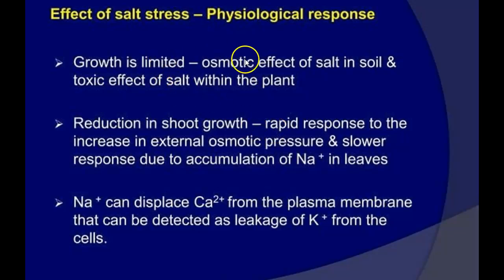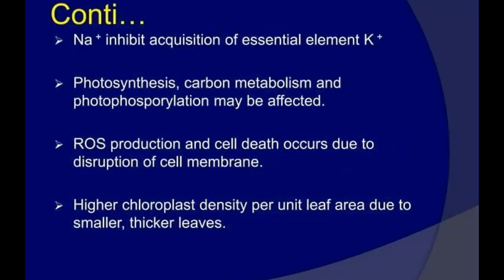If we talk about the physiological response, how plants respond physiologically under salt stress, first of all, their growth is limited, due to the osmotic effect of salt in soil and the toxic effect of salt within the plants. There will be reduced shoot growth. Sodium can replace calcium from the plasma membrane, which can be detected as leakage of potassium from the cell.